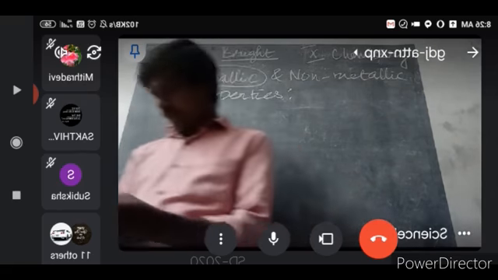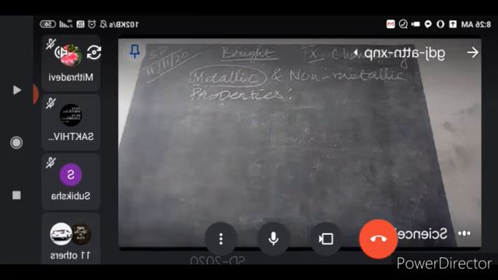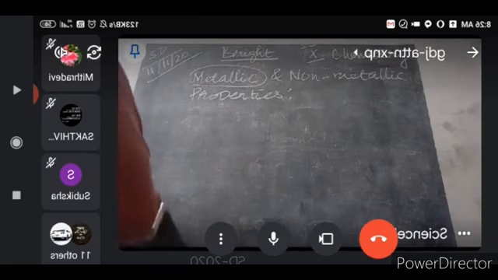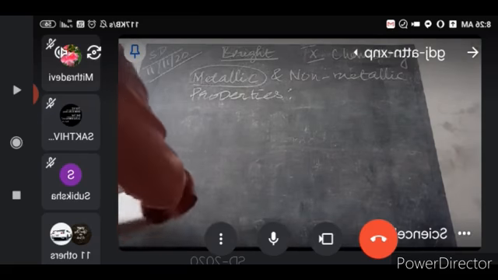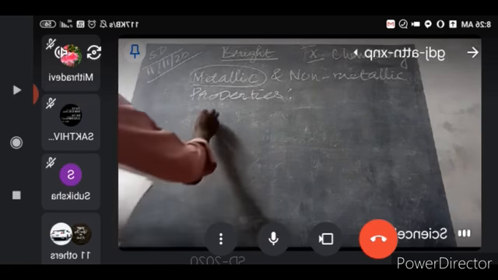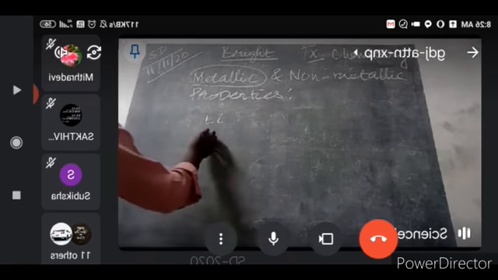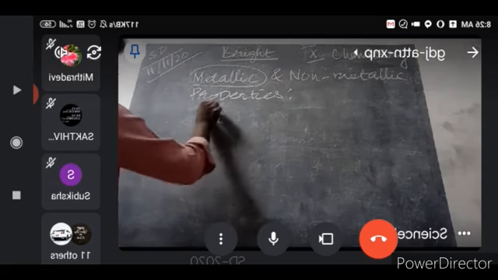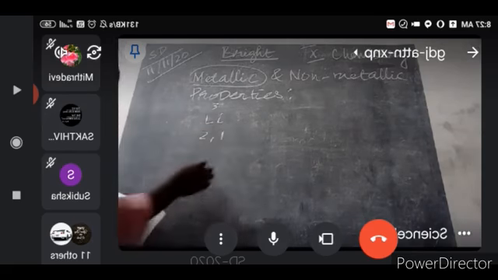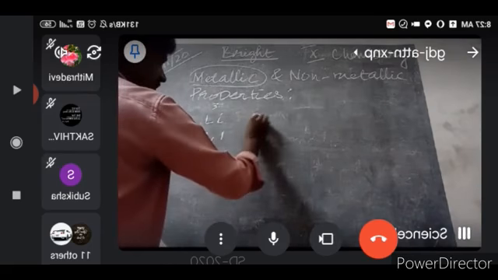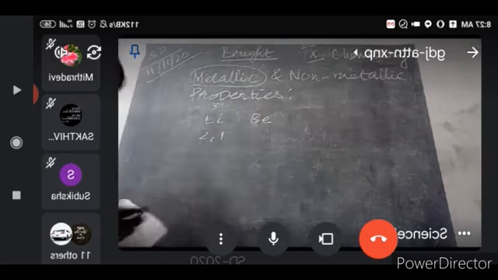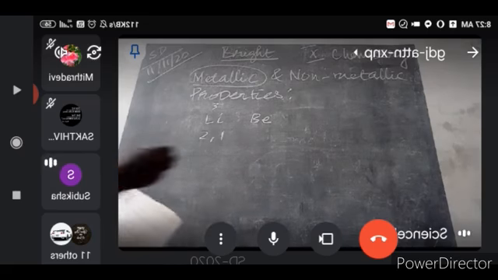Okay, you said the answer. We are going to take up lithium, Li. What is the electronic configuration for this? 2,1. Then beryllium 2,2.